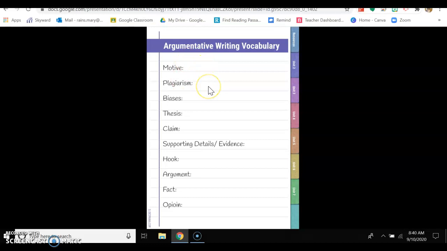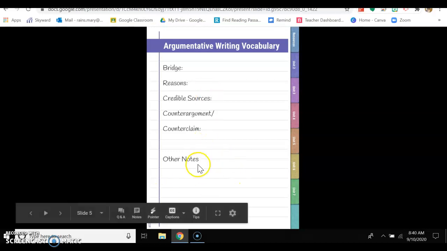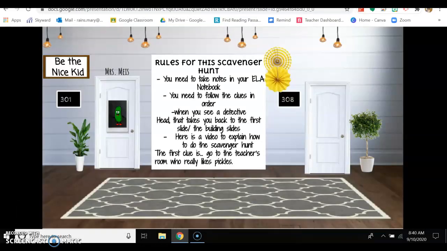But when you're done with this scavenger hunt, all of these terms should have definitions attached to them. And we even gave you a little bit of an area, so if you find any helpful hints throughout this and you think it's important to remember, then you can always copy and paste them down here or write your thoughts down here. So that's rule number 1.